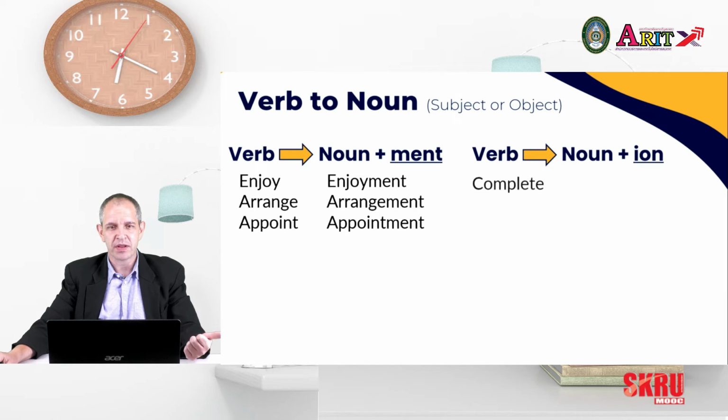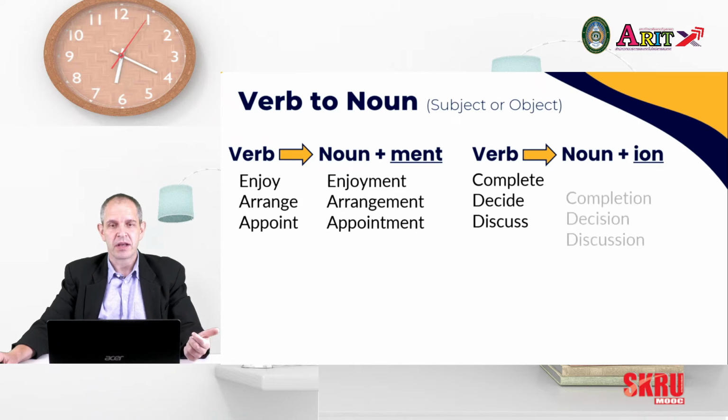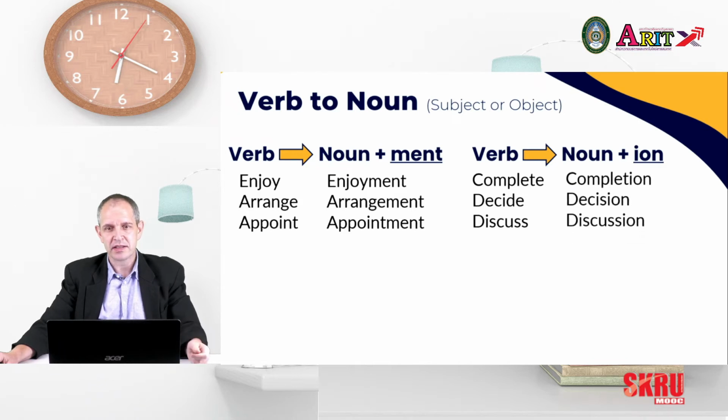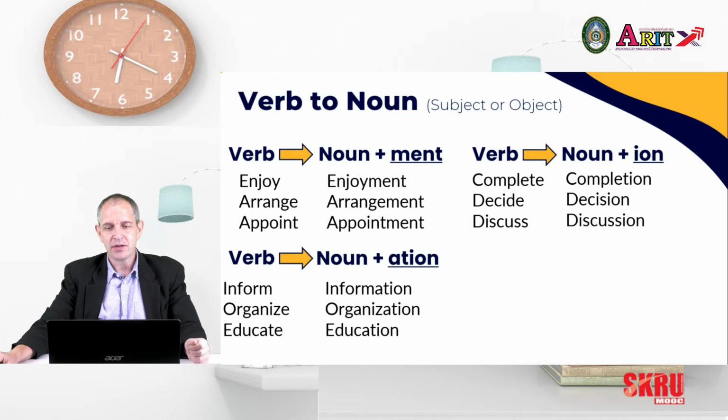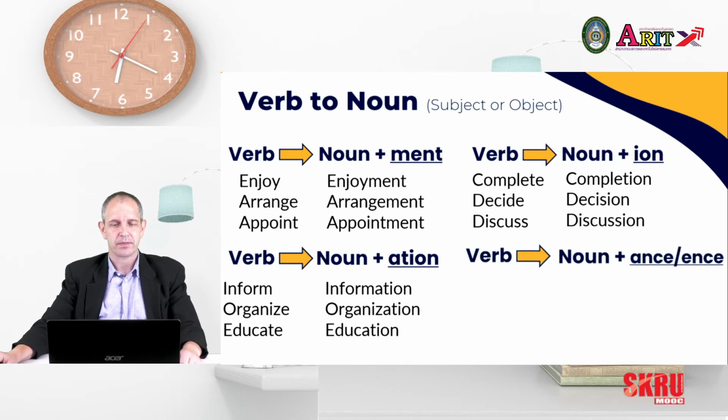For example, complete, decide, and discuss become completion, decision, and discussion. Next we have A-T-I-O-N, similar to tion from before. Inform, organize, educate become information, organization, and education.